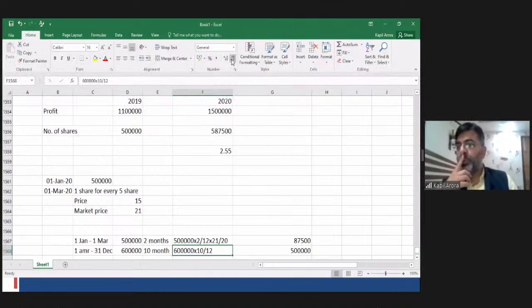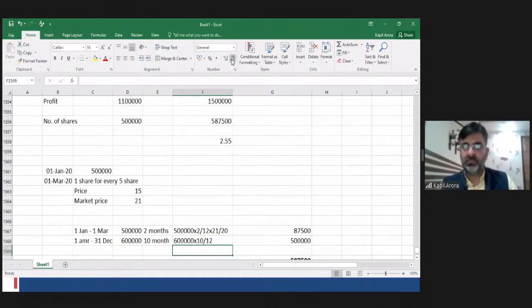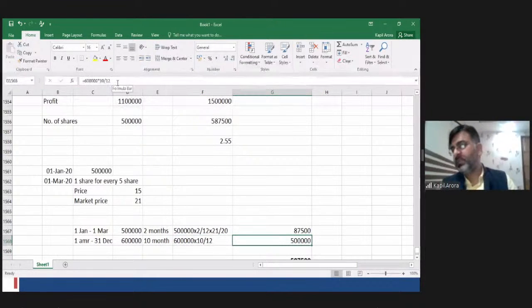Right? 2.55. So 6 lakh into 10 divided by 12, this is the answer we are getting.